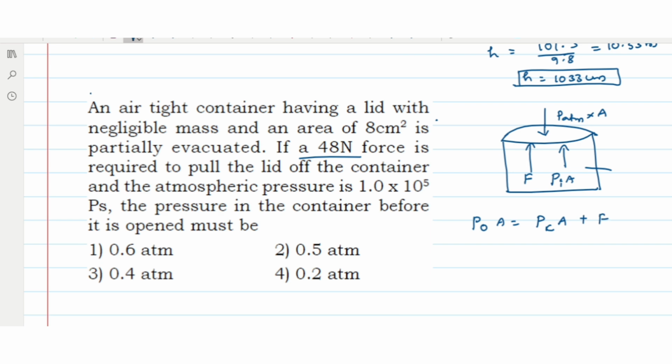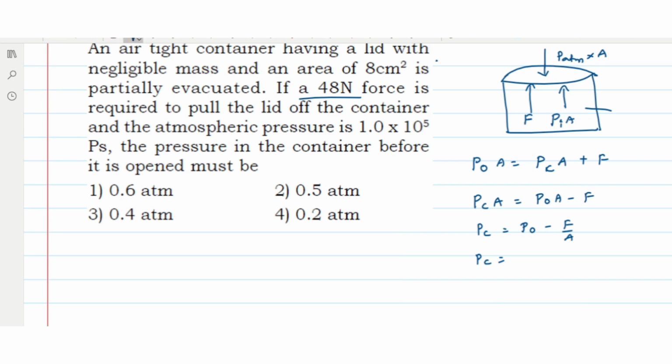So pressure due to the container into A will be equal to P naught A minus F. Then pressure due to the container is P naught minus F by A.